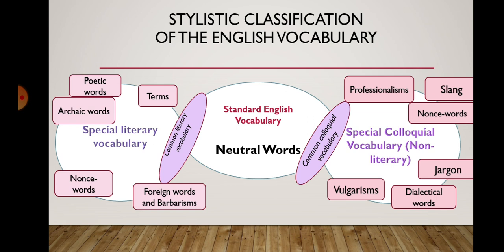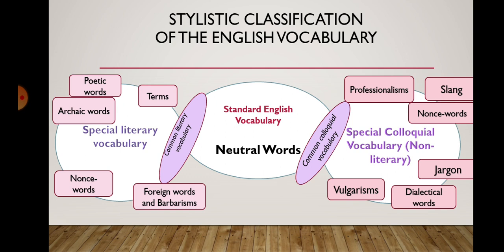If you remember, during the previous lecture, we spoke about the stylistic classification of the English vocabulary. And we said that the English vocabulary stylistically is divided into neutral words, special literary vocabulary, and special colloquial, non-literary vocabulary. In the previous lecture, we considered some subgroups within the special literary vocabulary, such as poetic words and archaic words.